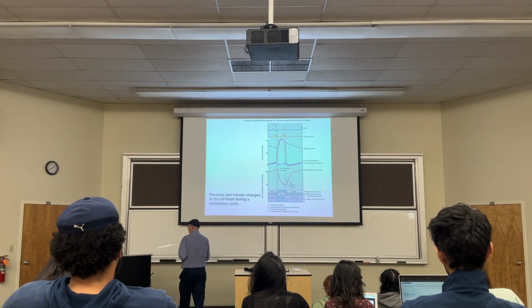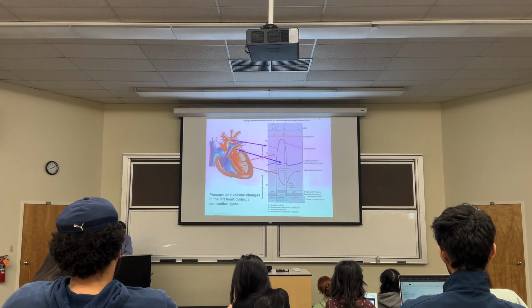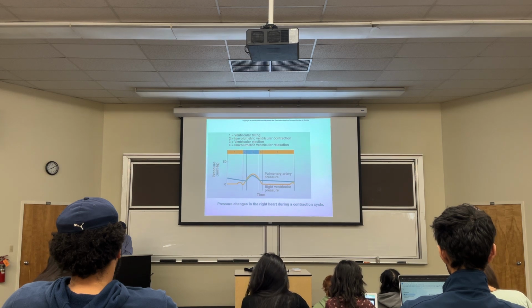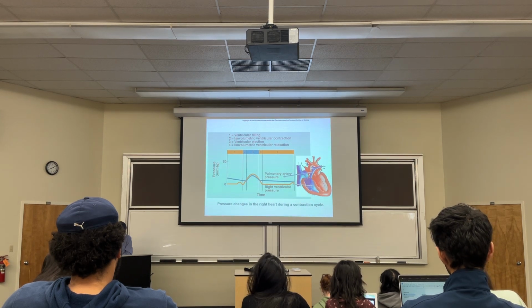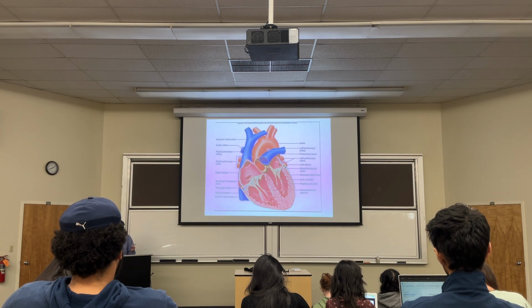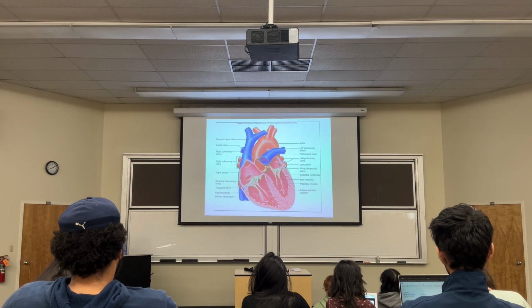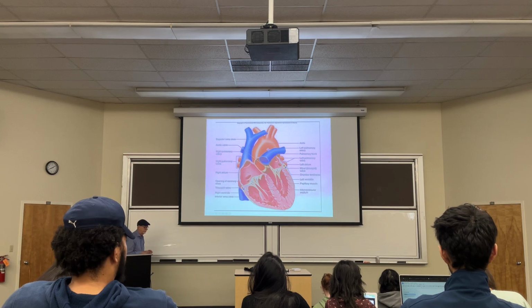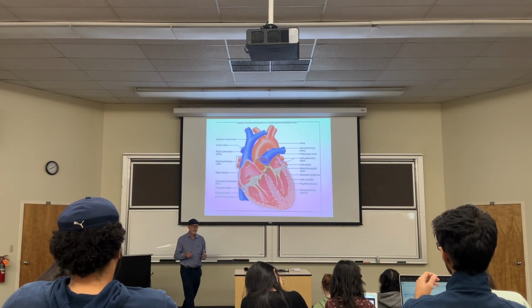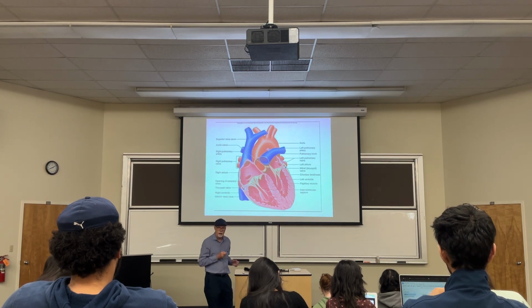First of all, if we look at the heart, and we'll come back to this graphic, this shows you the pressures and the volumes where they are. This is in the right side, by the way. I added this because I wanted to show you the heart when we talk about it. When we're looking at the cardiac cycle, blood is coming into the right and left sides of the heart at the same time.